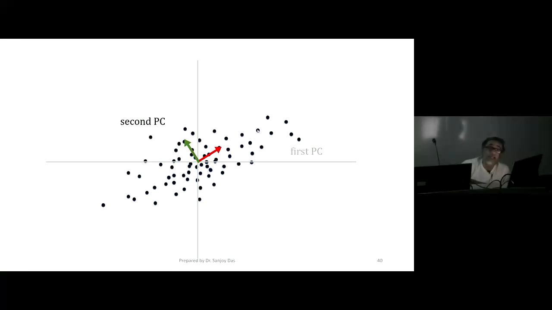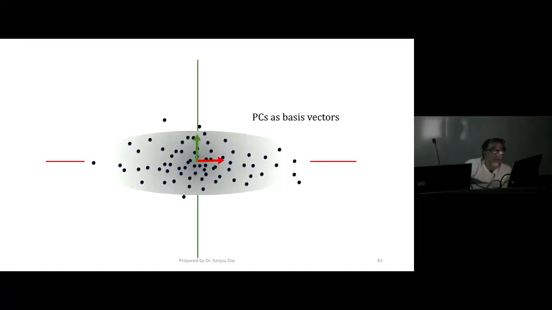That's the second principal component. By default, in two-dimensional data, it's the orthogonal direction anyway. So in 2 dimensions, it doesn't matter what the variance along the second direction is. Anyway, so this is the second principal component.